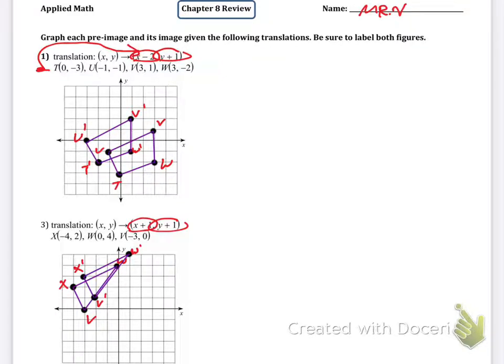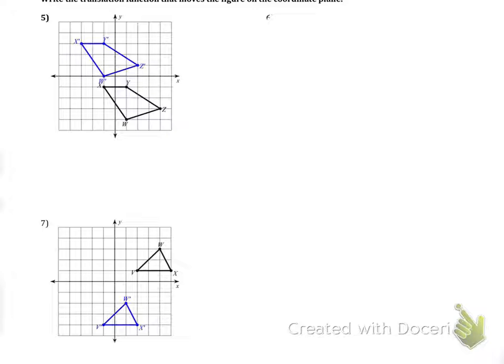That's it. All right, for 5, let me see here. It's asking me to write the translation. Sorry, you can't see that, but it says write the translation as it moves. So I know that this bottom figure right here is going to be my pre-image or the original image. So what happens to each point? If I just go to see what happens between this x and then the x prime, I know that I have to go left 2.